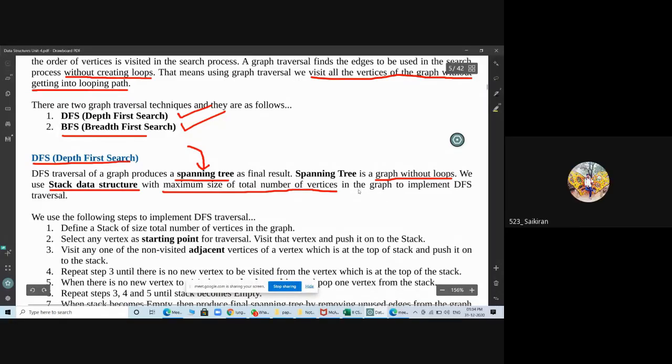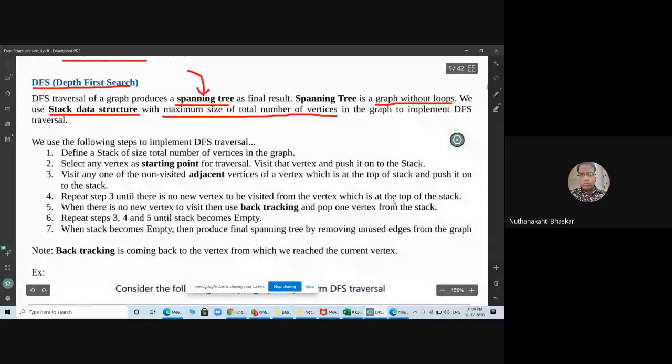Yes, sir. So when you perform depth first search on a given graph, we need to follow these seven steps. The steps are very easy. Don't worry, we don't have to memorize these seven steps.